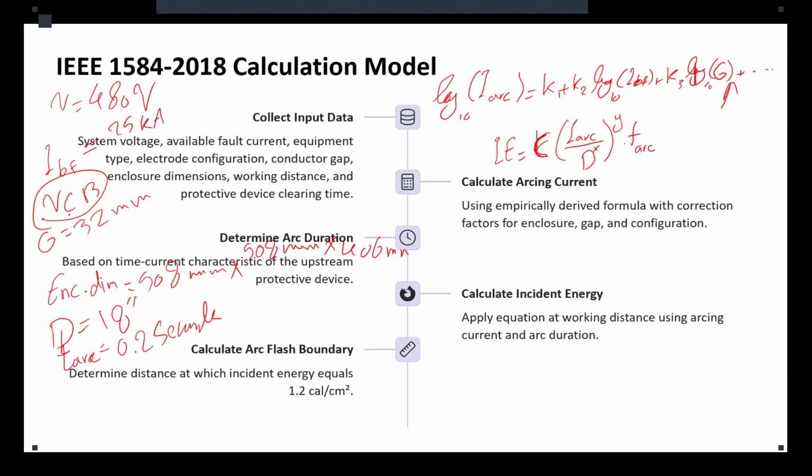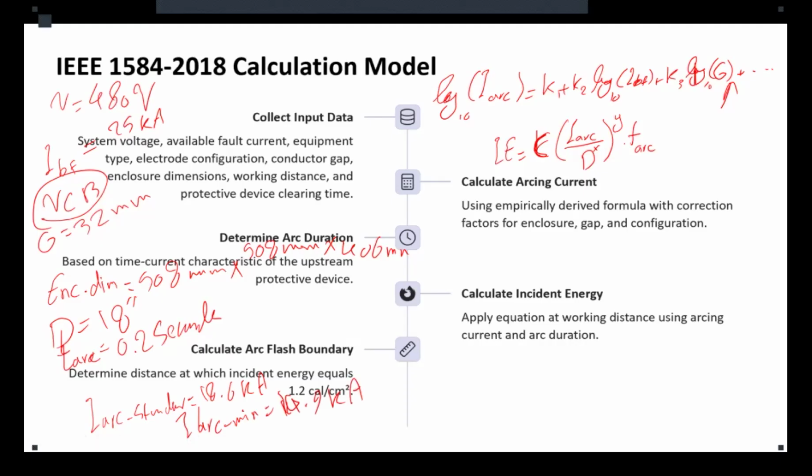For this specific situation, if you calculate the I arc standard with the formula in the standard, it will be 18.6 kiloamps, and the I arc min, the minimum arc current, would be 14.9 kiloamps.